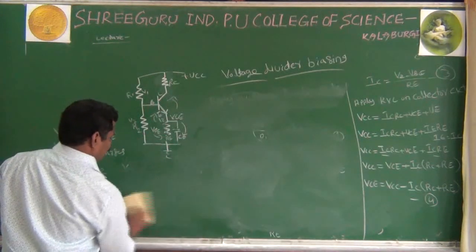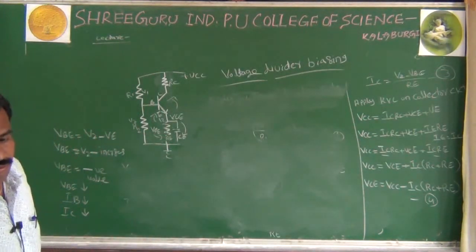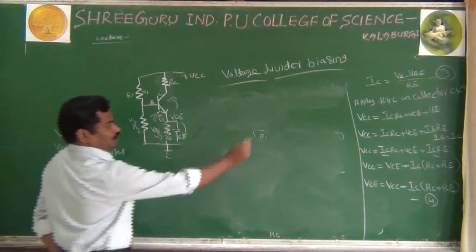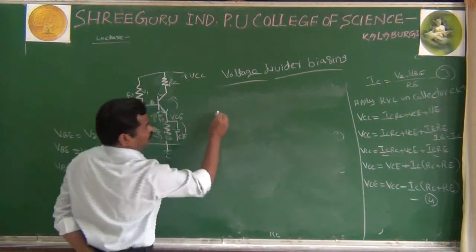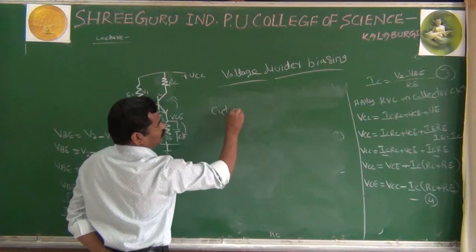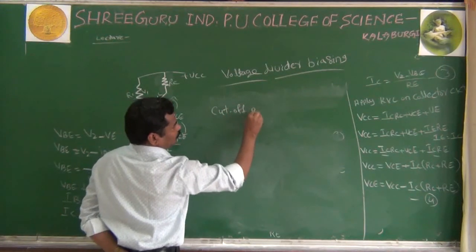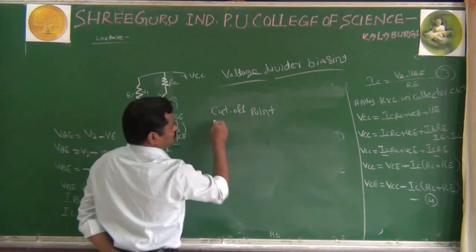And finally, we have to find out the Q point. To find the Q point, we want two points: the cutoff point and also the saturation point.